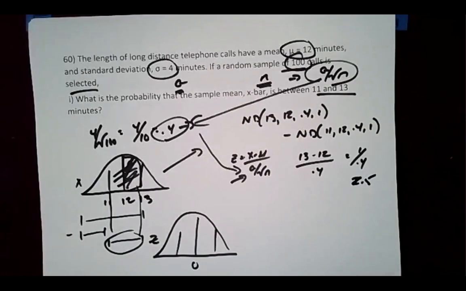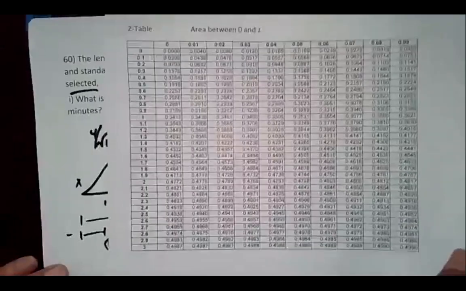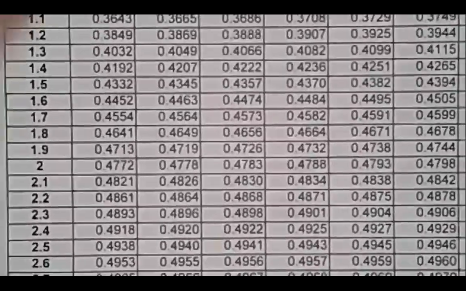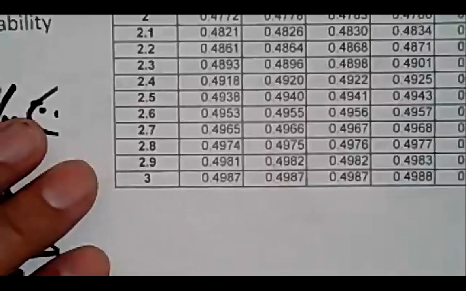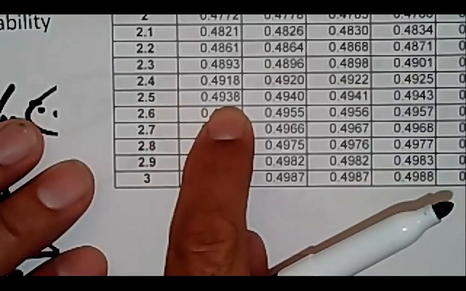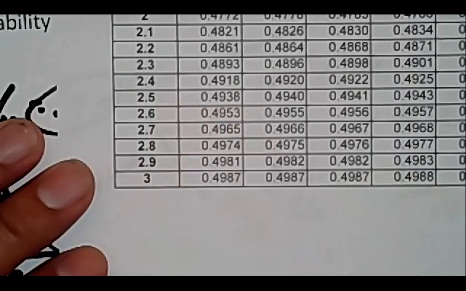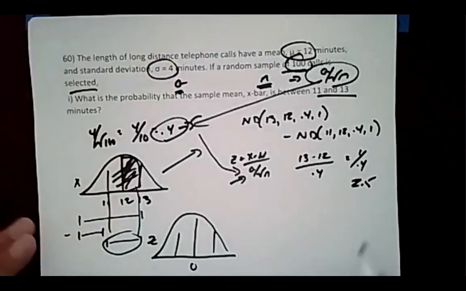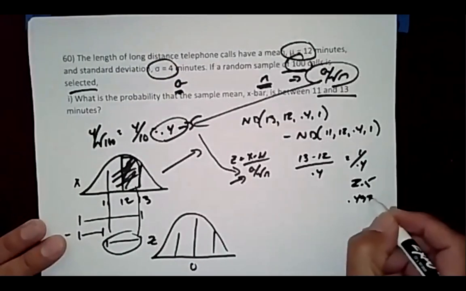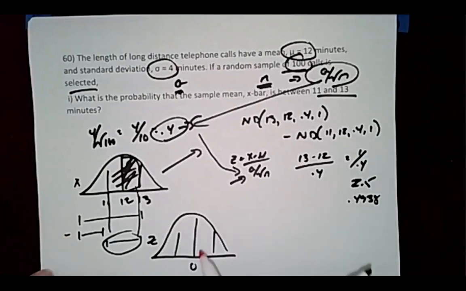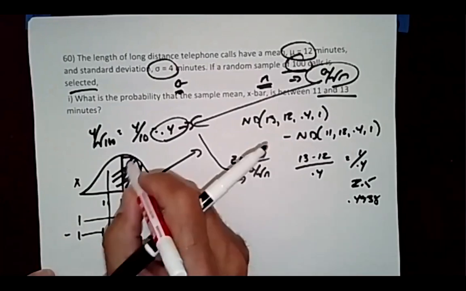On my handy dandy Z chart, 2.5 is this value right here, 0.4938. Well, 0.4938 is this area here.